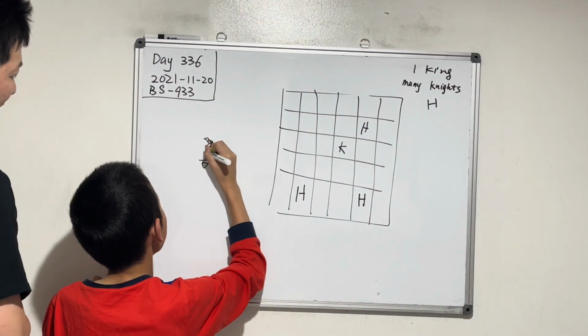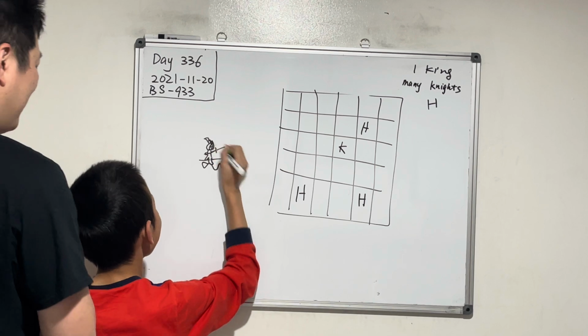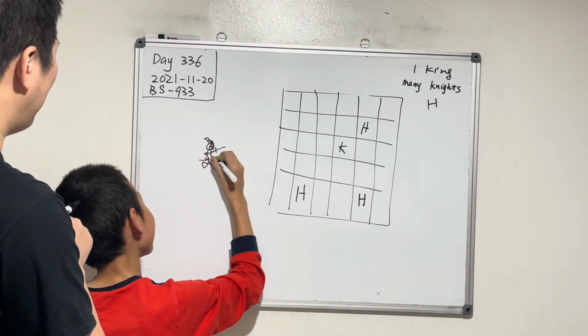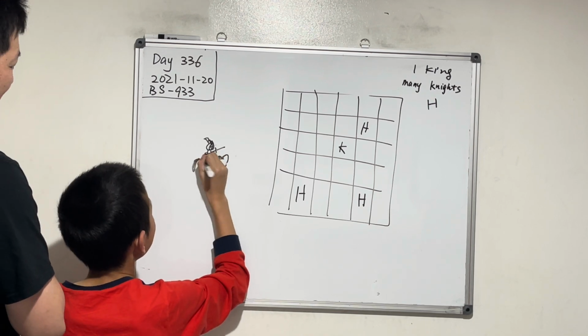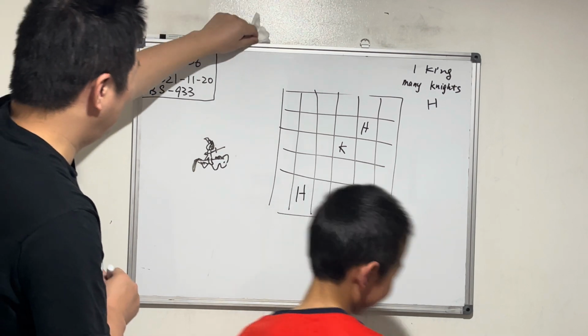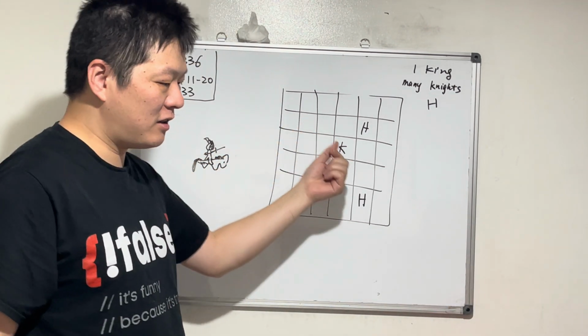That's very abstract. Got it. And the tail. You call it horse? And neck. Okay. So you know the horse.